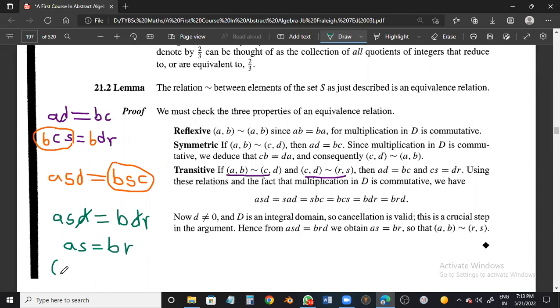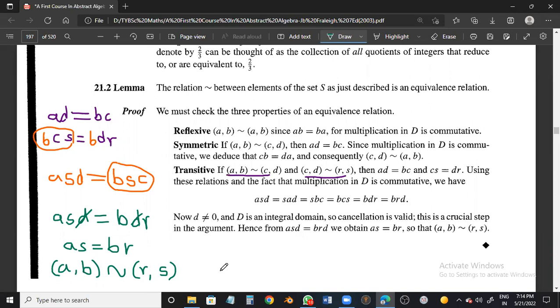And I can write here AB congruent to, equivalent to RS. As you know, the multiple of A will be in the last place and the multiple of B will be in the middle place, and that is why you have shown AB equivalent to RS. And thus you have shown that it is transitive also.